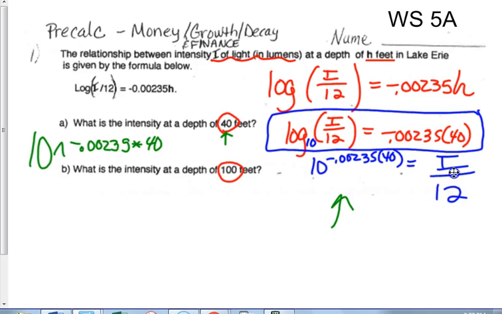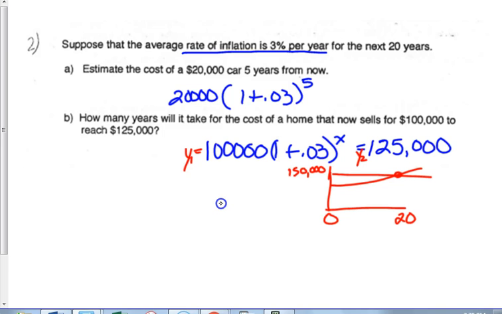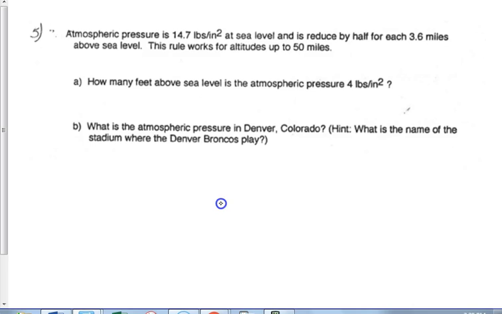And then I'm going to end up having to multiply that answer by 12 when I'm done. So it's 9.66 or 67 or something lumens. I don't know if you abbreviate lumens with an L, but I am. Okay. Yeah, it's probably not liters.